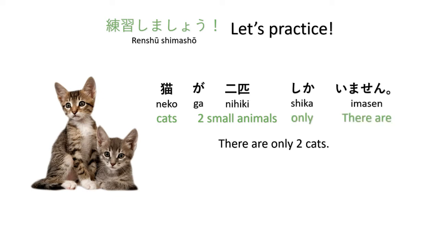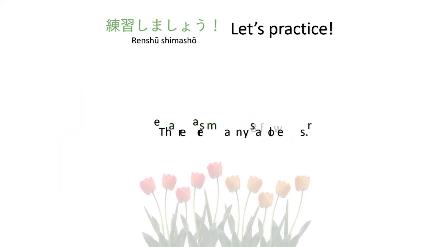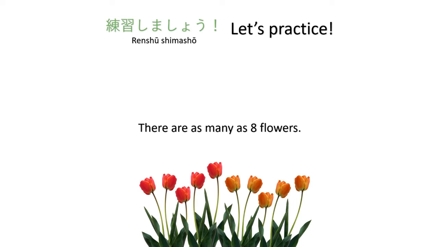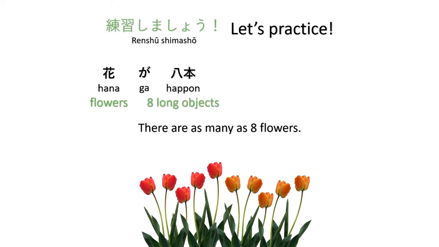Neko ga 2匹しかいません. There are only 2 cats. There are as many as 8 flowers. So we have hana ga 8本もあります. There are as many as 8 flowers.